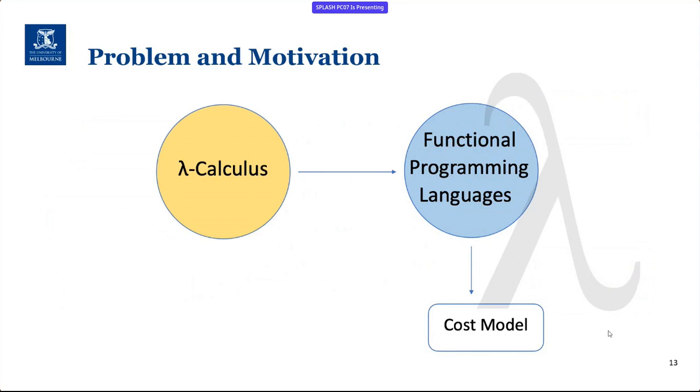But due to their different nature, since different functional programming languages have different evaluation strategies, we do have to have very different cost models, in fact. And so that's when we need to look at lambda calculus. Lambda calculus is the foundation of functional programming languages, which means if we can get a cost model for lambda calculus, we can then extend that for those languages, and that will make our work a lot easier.